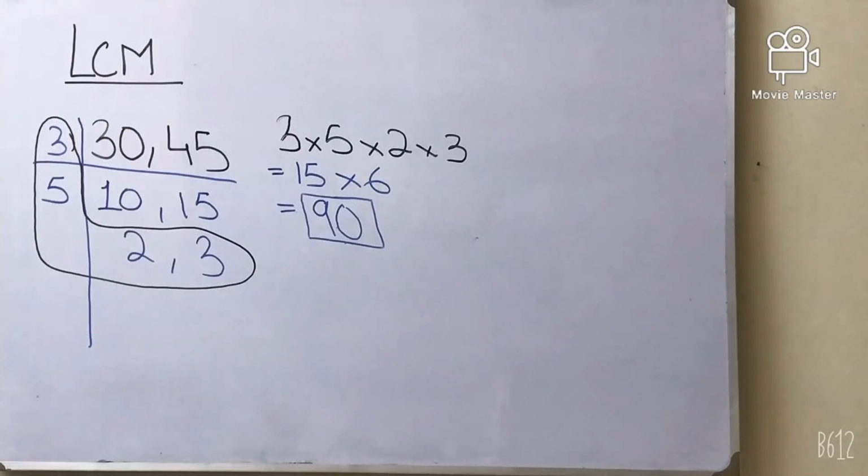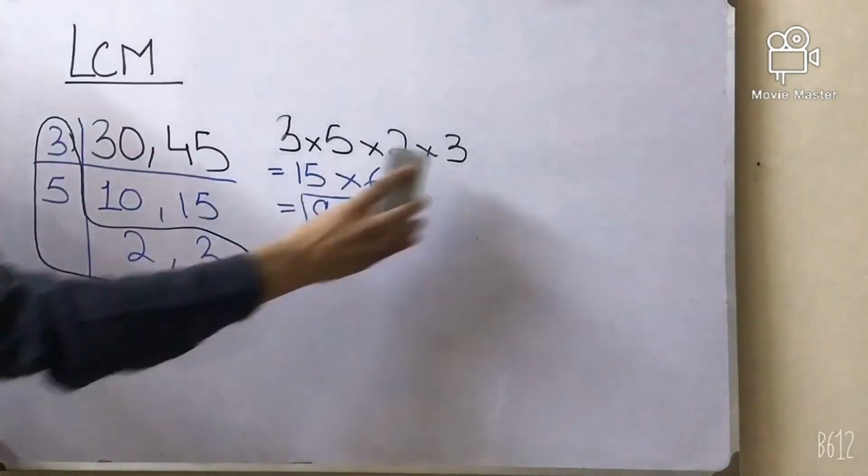Now let's prove this using the same technique that we used in the previous video. So let's write the tables of 30 and 45, but instead of multiplying both numbers till 10, we will multiply them till 5.